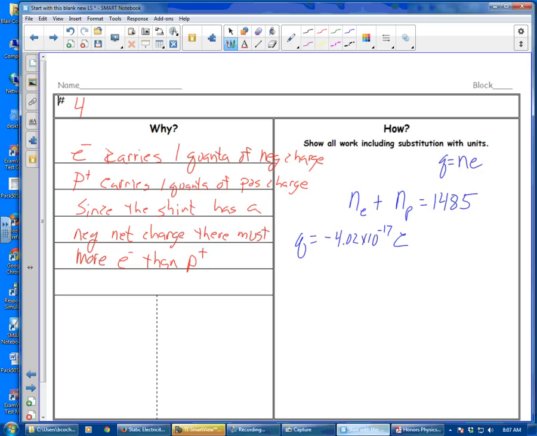The other subset I could do here is say that my number of electrons equals my number of protons plus the number of excess electrons. I'm going to call that NE plus. So Q equals this.